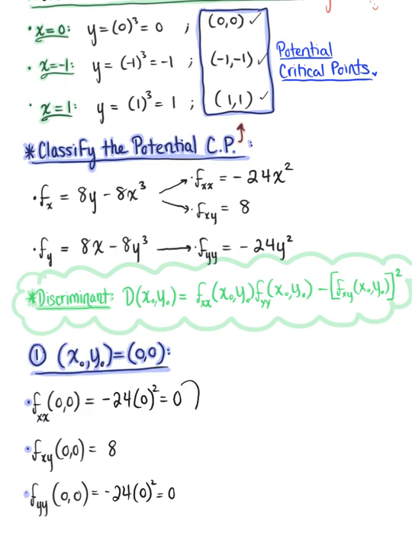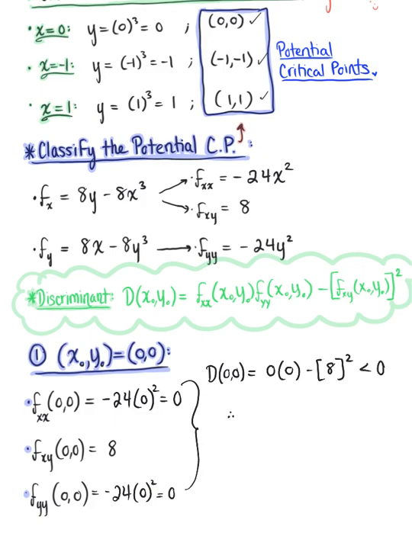Beautiful! So we are now taking these evaluations and plugging them into our discriminant. The discriminant at this point (0, 0) is equal to 0 multiplied by 0 minus 8 squared. And now remember, we don't care about the exact evaluation here. We just care about, is this positive or negative?